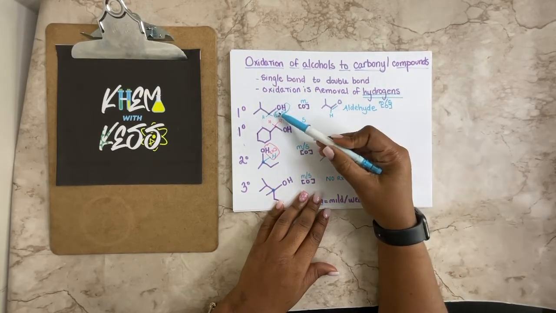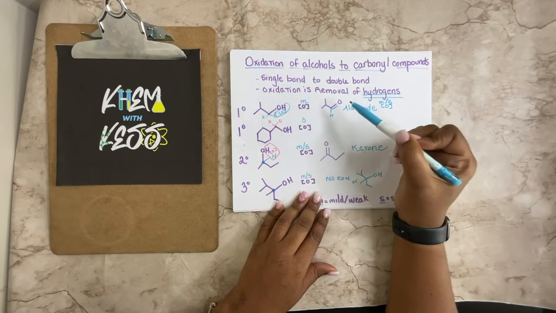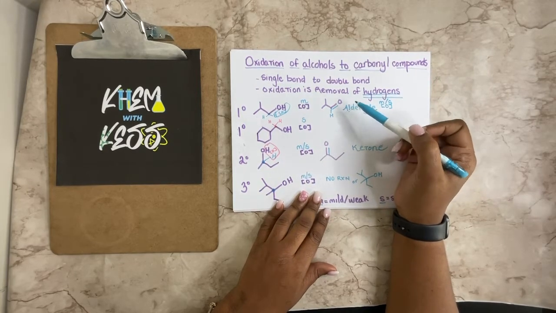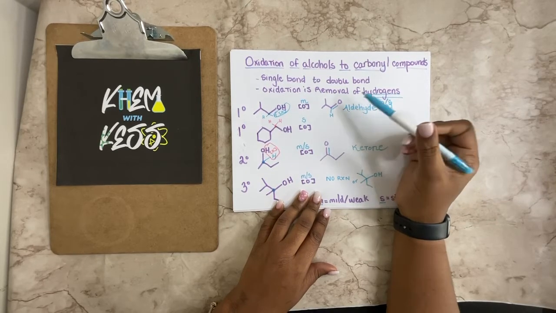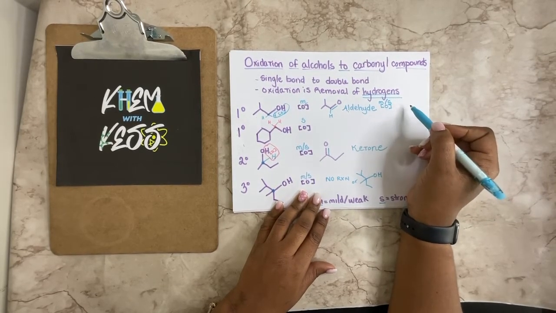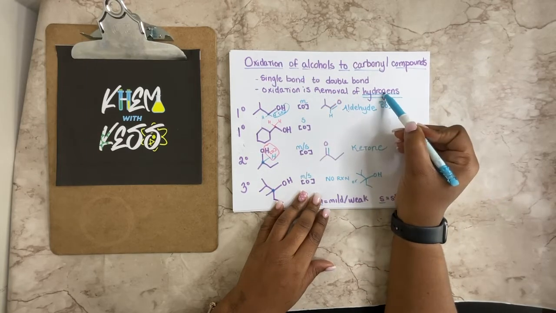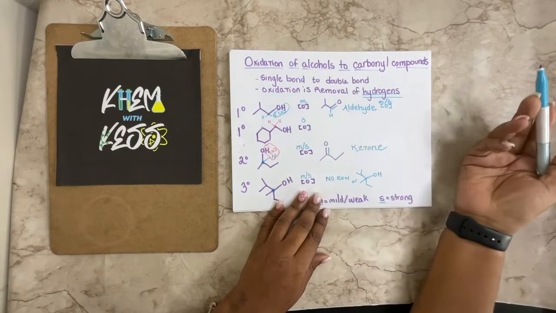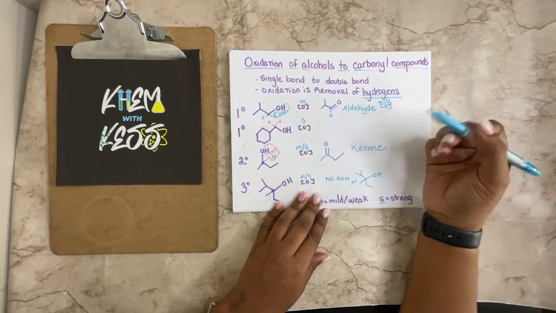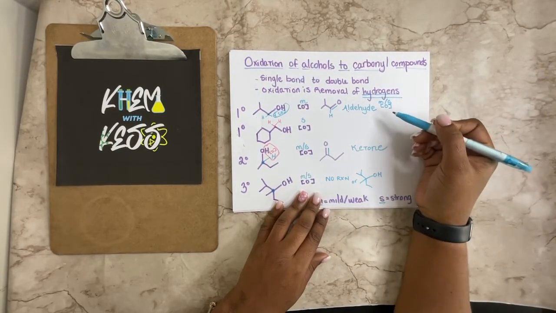So if I go from an alcohol and I use mild, I must make an aldehyde. If they give me a structure that's already an aldehyde and they want me to oxidize it again, the issue is normally I'm removing hydrogens, right? And I tend to remove 2 at a time because in our example, it makes it look like water. In this case, I can't do that.